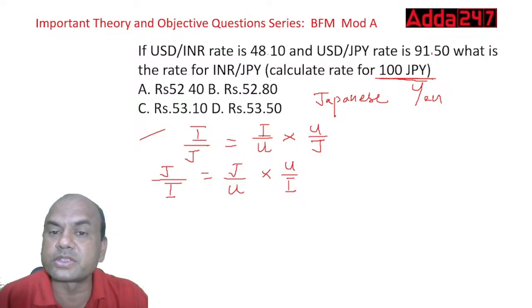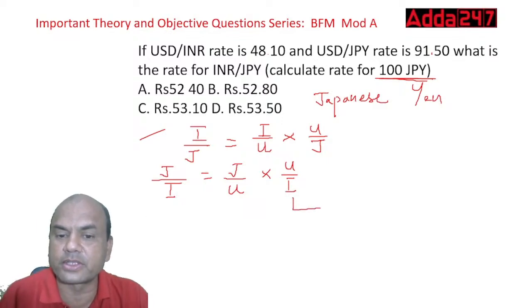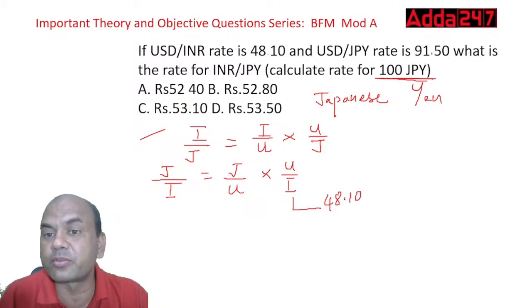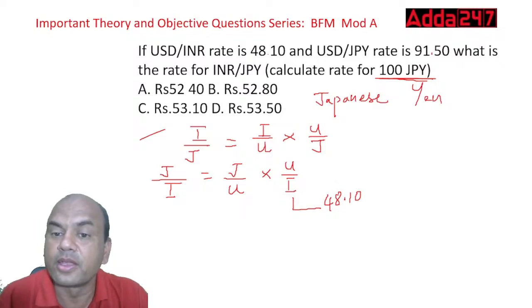So JPY to USD, what is the rate? And USD to INR, you know it, this is 48.10. JPY to USD you don't know. This 91.50 is USD to JPY.